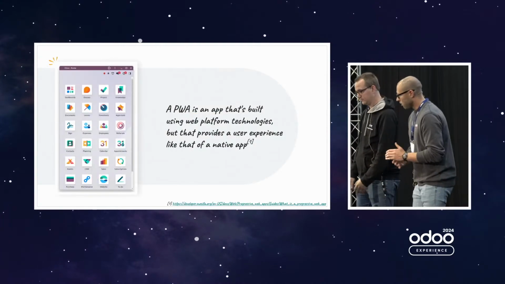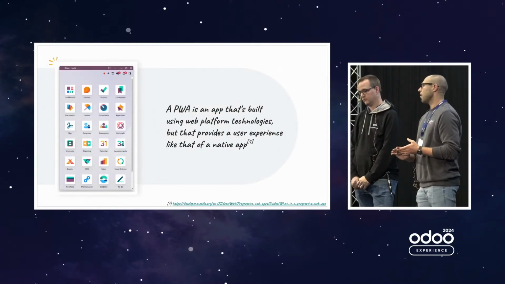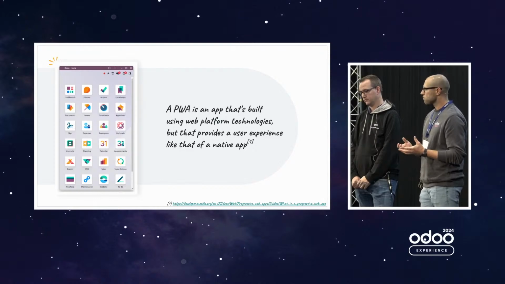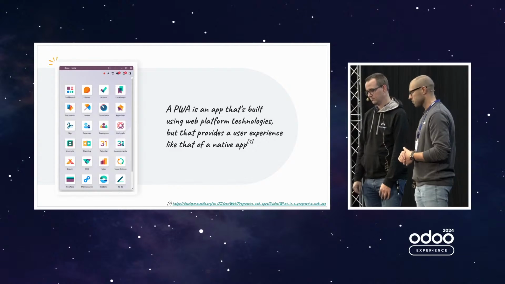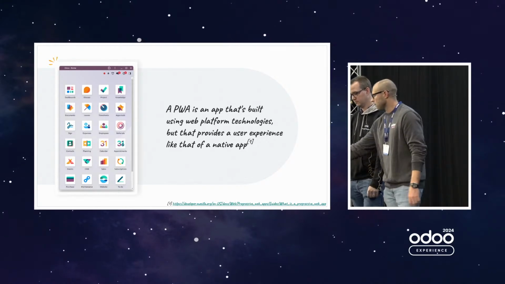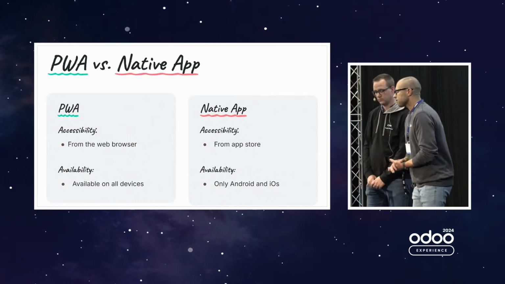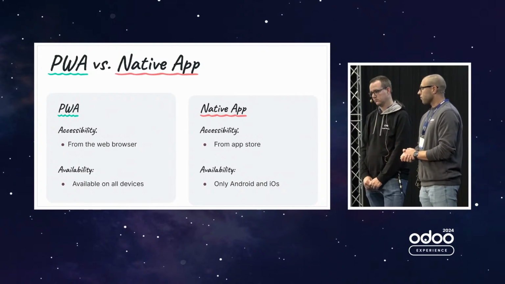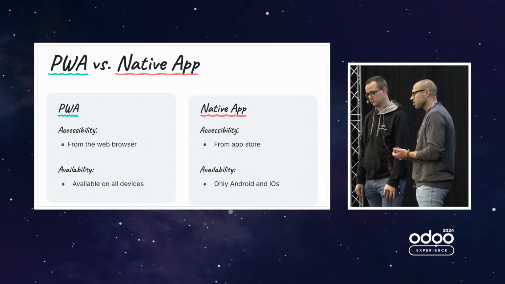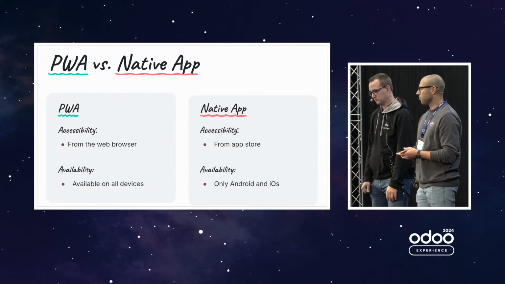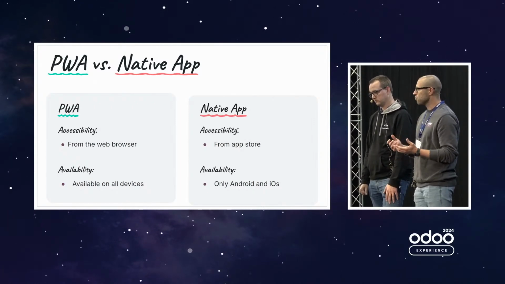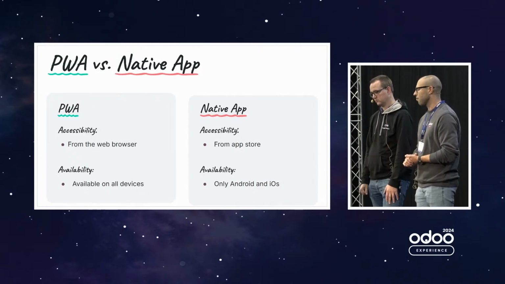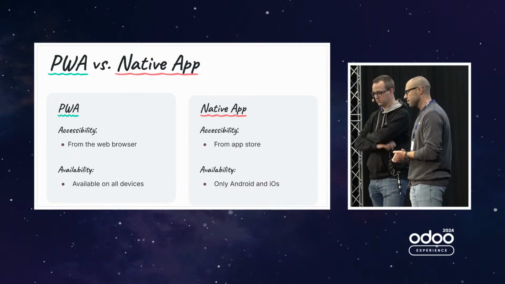And now I will explain in a few words why we chose progressive web applications instead of native applications and show the differences between them. First of all, the accessibility. Web applications are accessible from any compatible browser. We don't need to install or download an application from an app store to start using it.